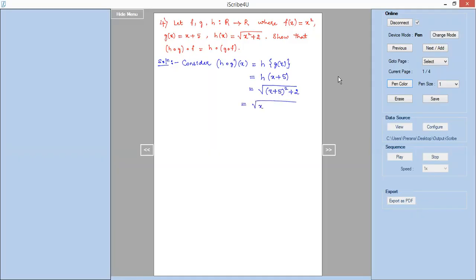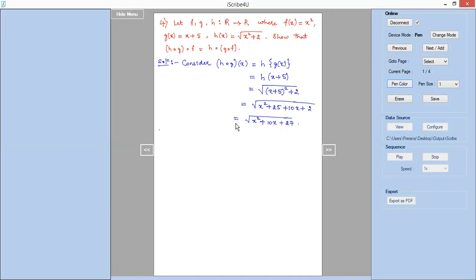It is x square plus 25 plus 2x times 5, that is 10x, plus 2 under the root. So this is one and the same as writing square root of x square plus 10x plus 27. So this is h composition g of x.